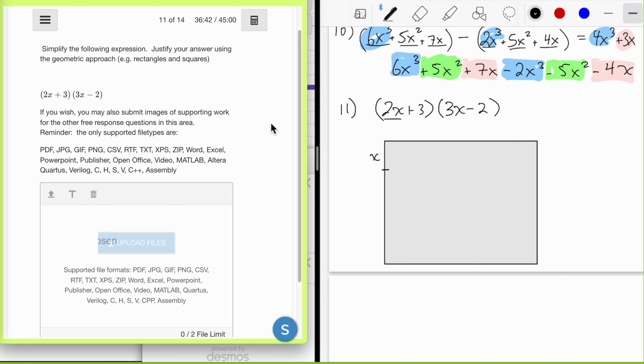So I need 2 of those down the vertical, and 3 of those across the horizontal. Draw our lines. Best you can. Rulers are wonderful, but not necessary.